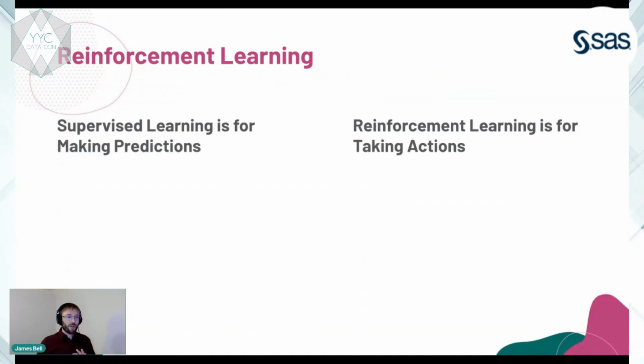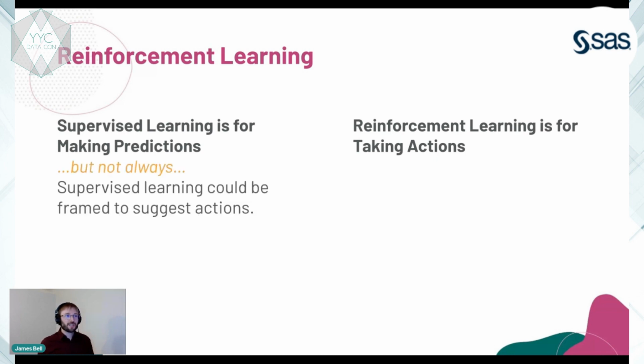So if I overgeneralize and kind of split supervised learning and reinforcement learning, I can say that supervised learning is about making predictions, while reinforcement learning is about taking actions. Now, this isn't entirely true. Supervised learning, you could set it up to suggest actions. Maybe it's a prediction that's in a pipeline that's going to make actions, or maybe the supervised learning itself is predicting the best action to take.